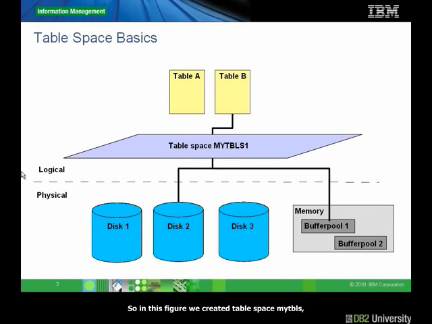So in this figure, we created table space myTBLS and associated it with disk 2 and buffer pool 1. Then we created or altered table B and indicated that this table be associated to table space myTBLS1. This is how you can tell DB2 which physical resources you want to use for your logical tables.